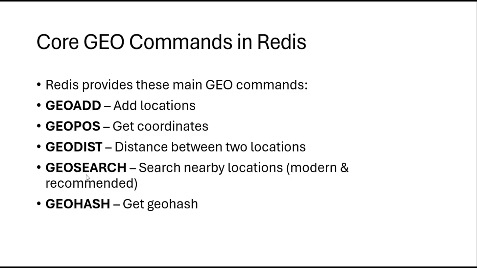And GEOSEARCH is widely used for searching nearby locations, given the latitude and longitude, to find all the nearby locations from that point. And GEOHASH is nothing but the latitude and longitude only, but stored in a numeric form.